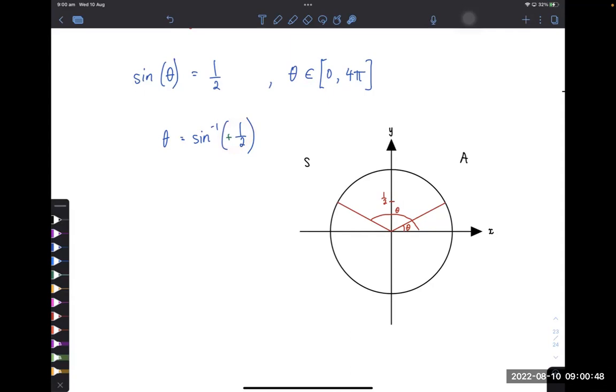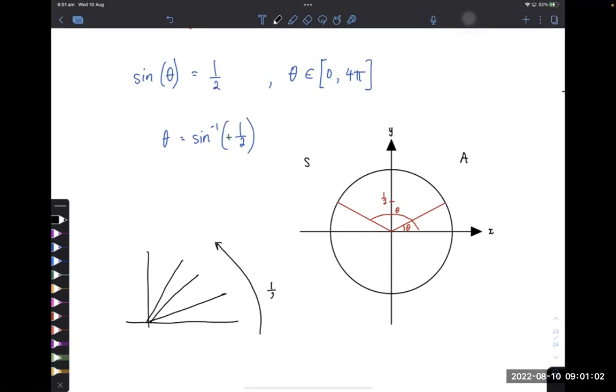So, on our hand, and for those at home who can't see, we've got our 5 fingers and a quadrant number 1. Which finger would we put down so sine is equal to 1/2? Which finger? Yep, the ring finger.